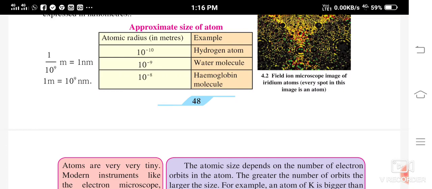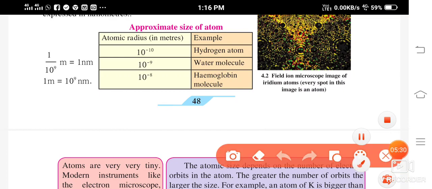So remember that 1 by 10 to the power of 9 meters is equal to 1 nanometer. If you take this 10 to the power of 9 upside, it will become minus 9, isn't it?